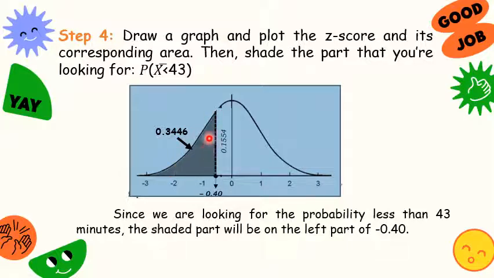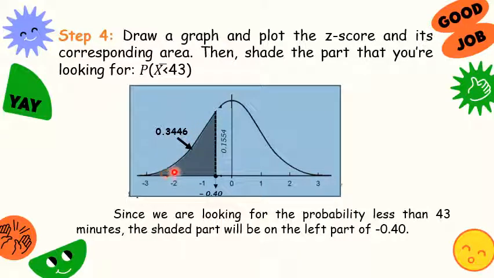Pero, hindi naman laging, kung ano yung nakuha natin dun sa Z table, yun yung value ng shaded area. Pwede rin kasing, yung nakuha nating value dun sa Z table, siya yung unshaded part. Pero, in this case, yung nakuha nating 0.3446, yun yung ating shaded region. Okay? Malalaman nyo naman kung siya yun. Ano kasi ito pag kinonvert nyo sa percent, this is 34.46.